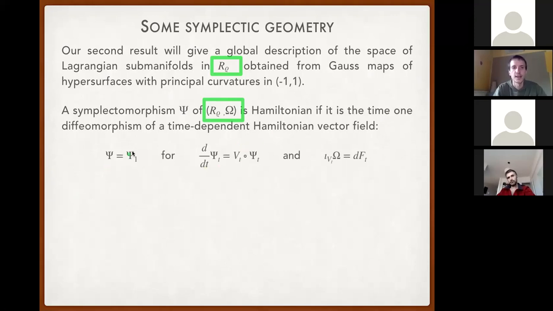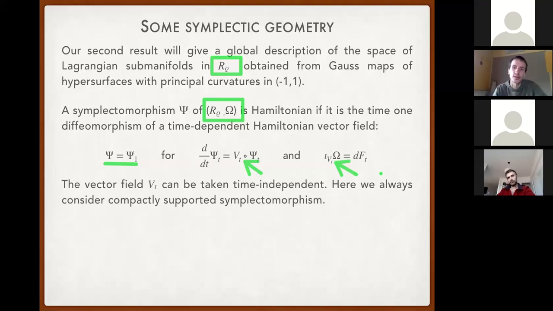So basically, our psi is Hamiltonian if we can obtain it as psi_1, where psi_t is the path defined by integrating this vector field v_t, and the v_t have the beautiful property that they are Hamiltonian vector fields. This means basically that they are symplectic gradients of some Hamiltonian function. Okay, the one-form which is obtained by feeding omega with v_t is exact.